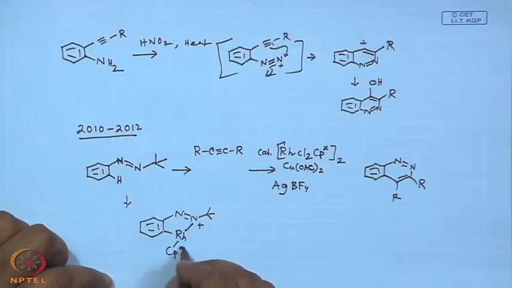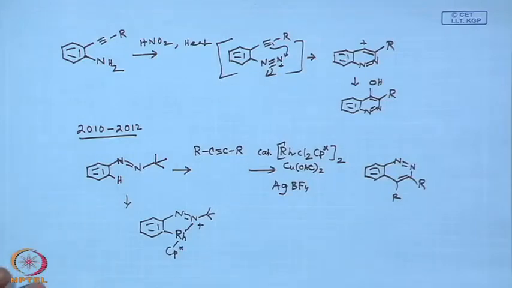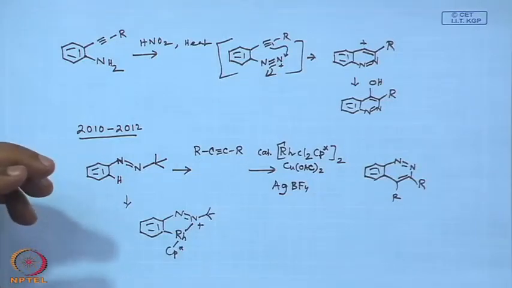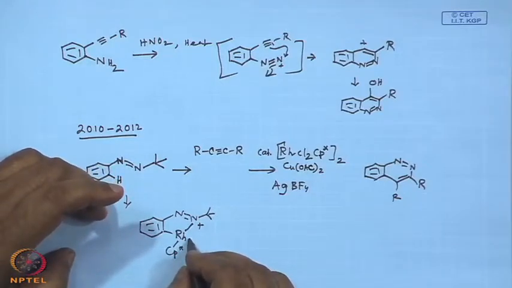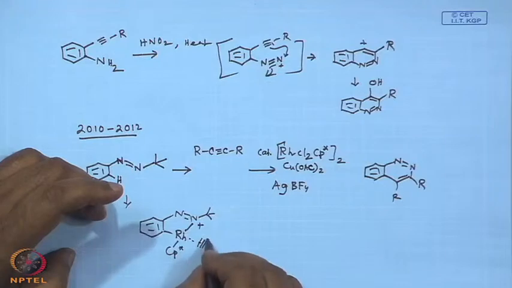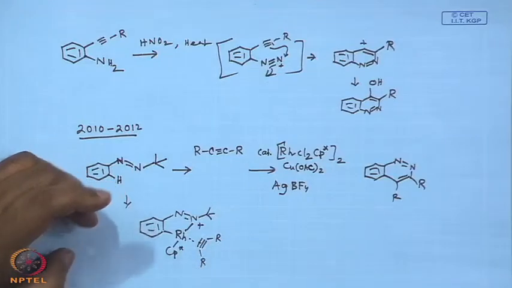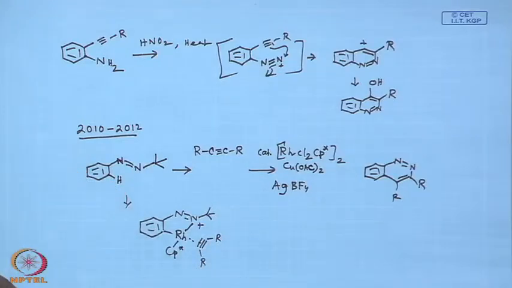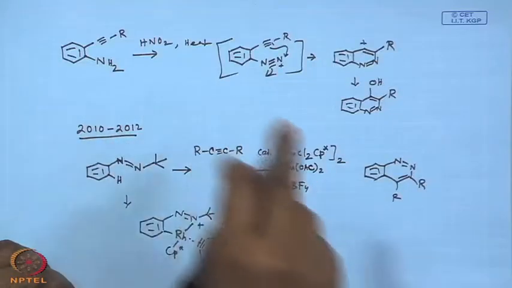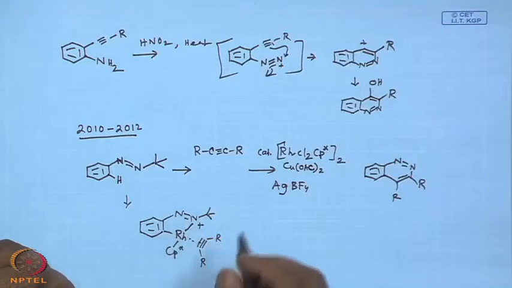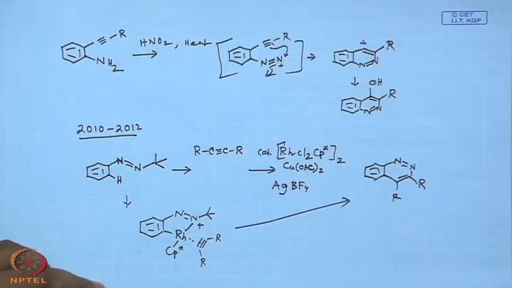Cp star is left. So, this is the intermediate. Now, you have an organometallic rhodium complex, and all of us know that with organometallics there is pi complex formation. Then oxidative addition, reductive elimination, all these processes would proceed. Then eventually the cupric acetate would oxidize the rhodium again, and you will enter into the catalytic cycle. So, eventually you will get to this one, and this is a pretty general one.